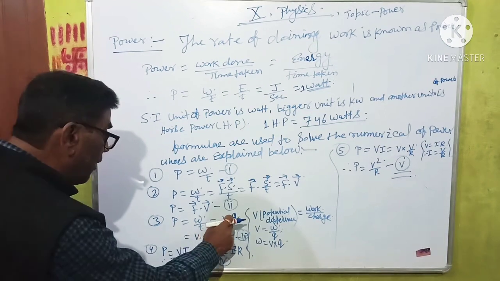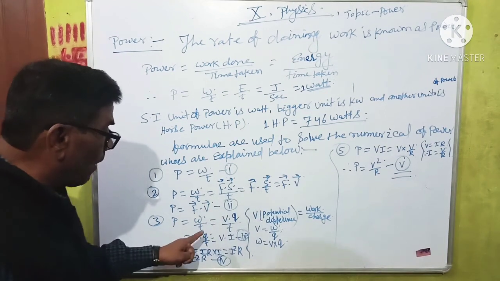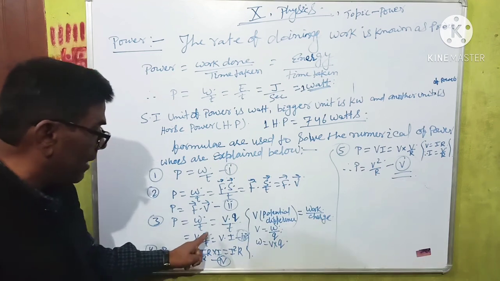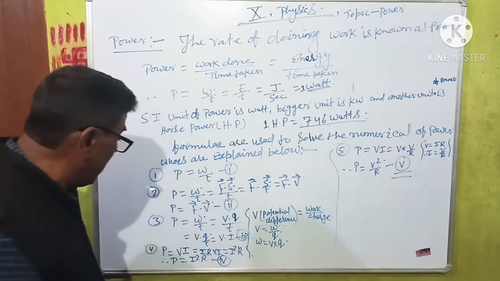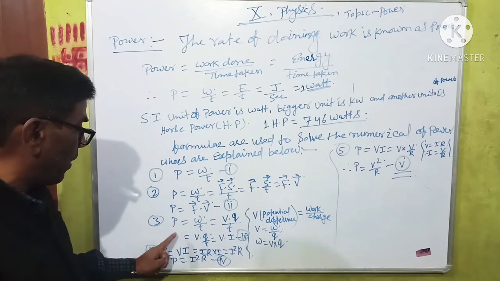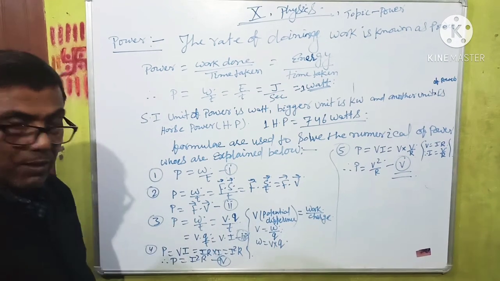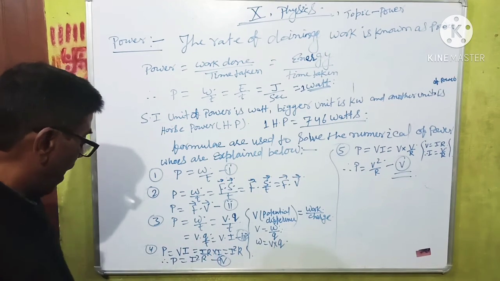Charge flow per unit time is known as current. So V into Q by T is equal to V into I. So the third formula is P is equal to VI.